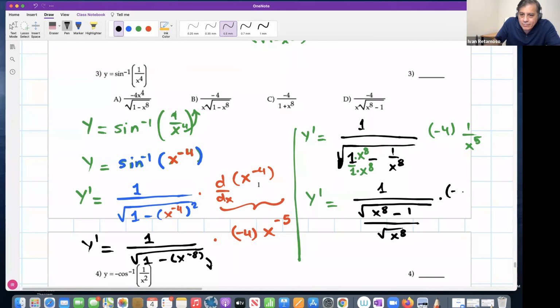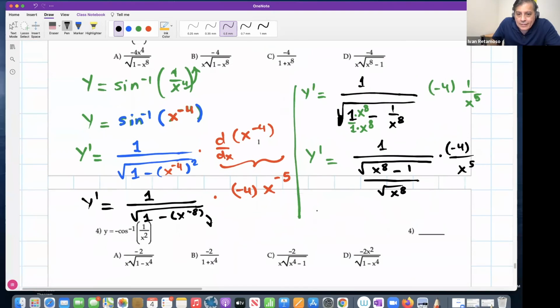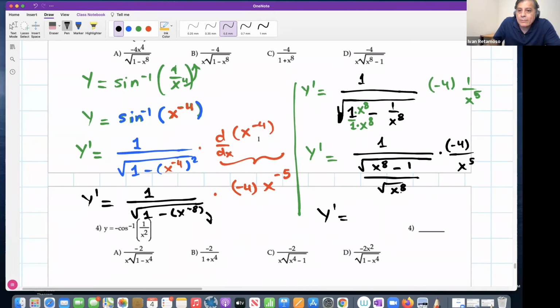And here I have negative 4 times 1 is negative 4 over x to the 5th. Now, check this out, guys. The square root of this guy is going to be x to the 4 power, right? Because x to the 4 power is positive. So x to the 4 power, I'm dividing the index 2 into 8, right? So that's going to be that.